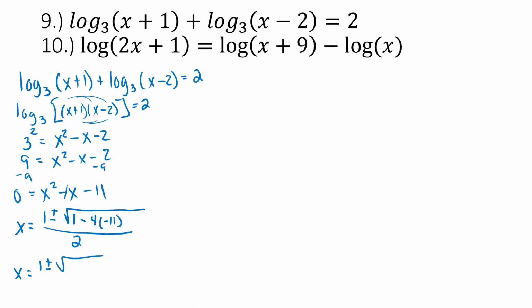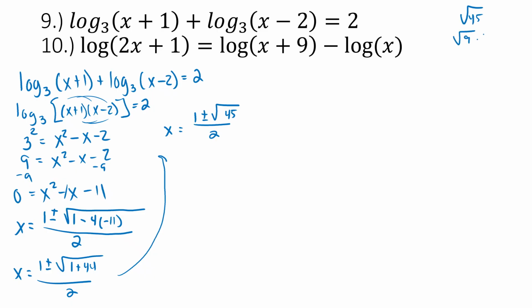This would be 1 plus 44. And so we have 1 plus or minus the square root of 45 over 2. And just a quick little aside, the square root of 45 is equal to the square root of 9 times the square root of 5. So it's 3 root 5. Okay, so we get 1 plus or minus 3 root 5 over 2.